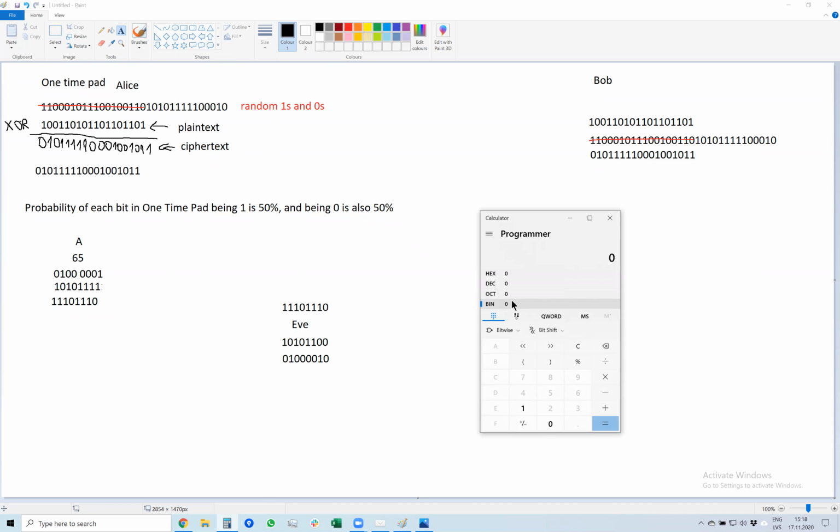Then she goes to the ASCII table to find out what letter Alice sent. So she thinks that the stream is 0, 1, 0, 0, 0, 0, 1, 0, which is decimal number 66.